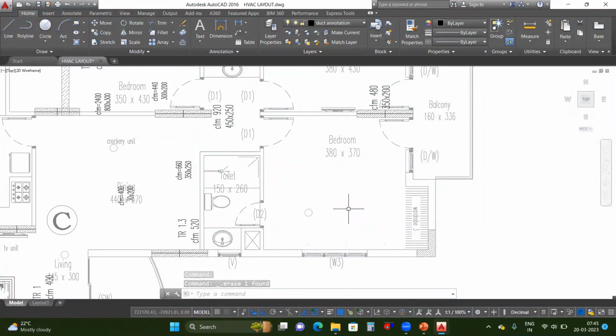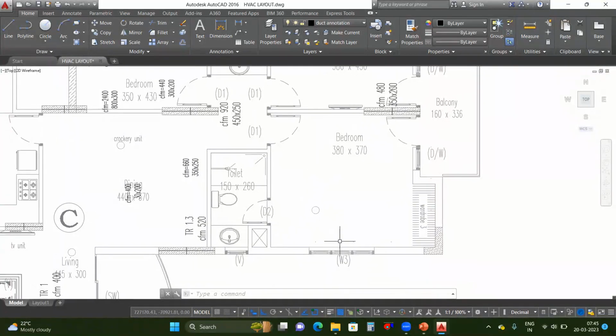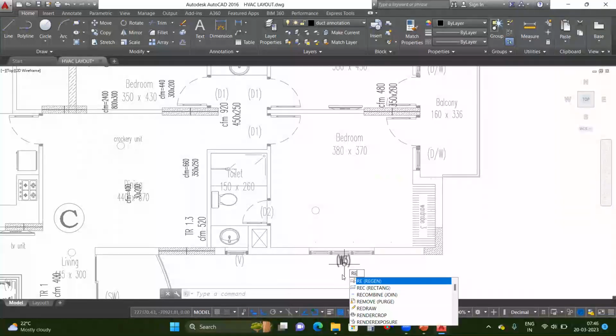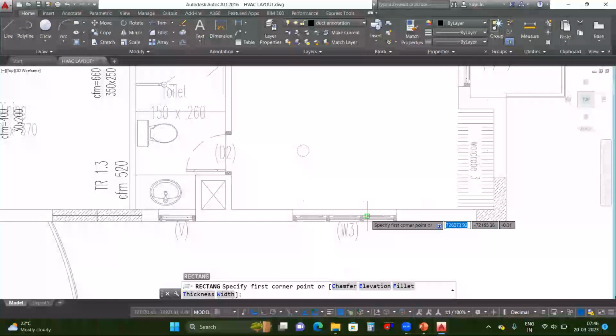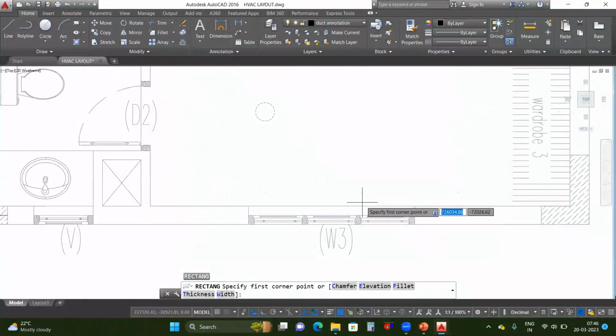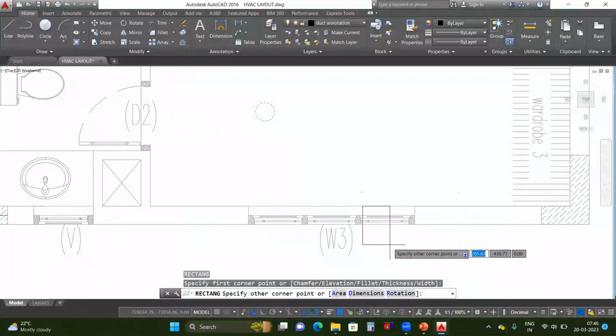So if you want to select the window AC, window ACs we need to fit always to the windows. Okay, so I will draw one rectangle. Consider this as a window AC. So it will be placed like this.